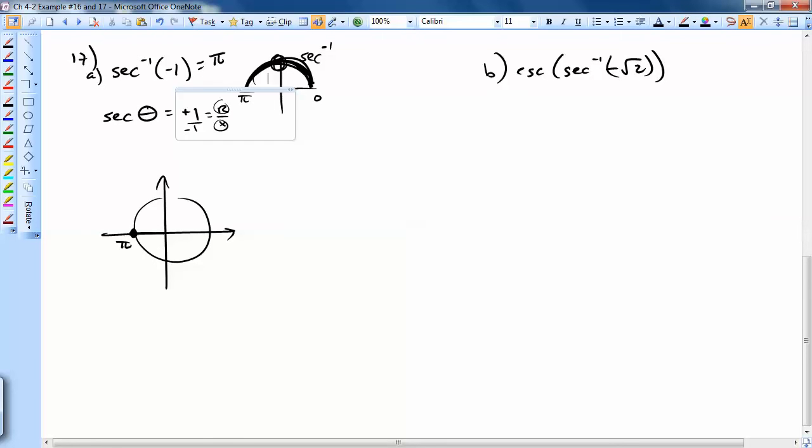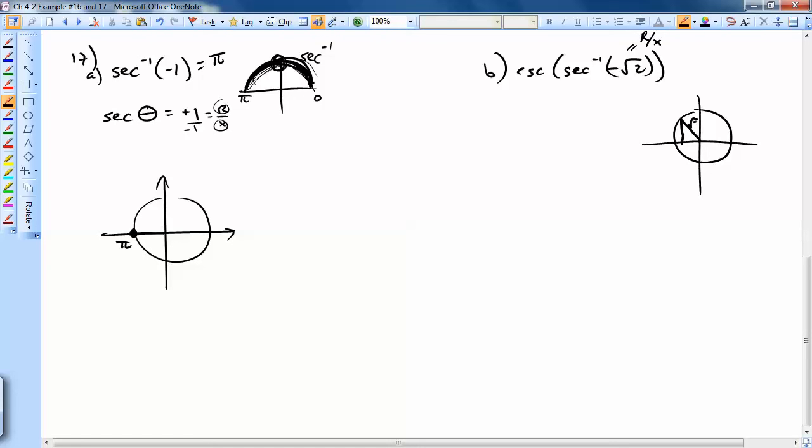Okay, so the last one, secant inverse of -√2. Okay, so let's see. Secant inverse of -√2 means... Now, remember over here, we already played with secant inverse. It's got to be in the top half. And if it's a negative, and secant is defined as r over x, then I'm going to make the r √2 and the x -1.